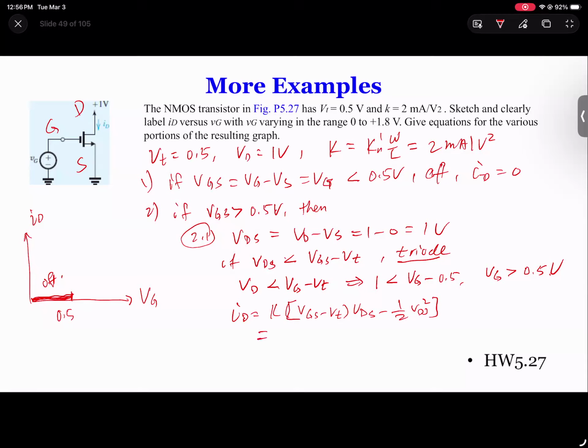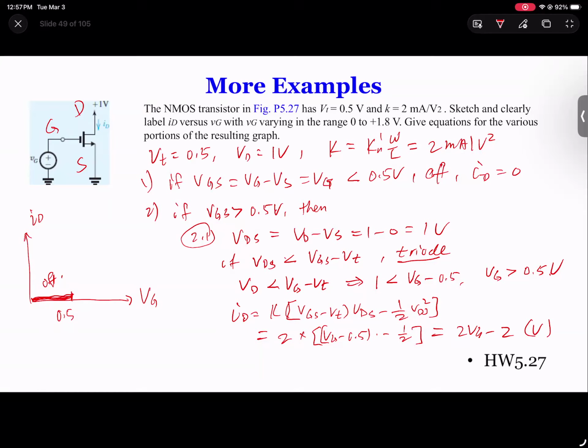So K is given as 2 times, so VGS is same as VG minus 0.5 times VDS is 1 and then minus 1. So that's your equation. So we say that is 2 times VG minus half, 1/2. 2 minus is 1, so minus. So kind of linear. So ID is linear, 2VG minus 2.